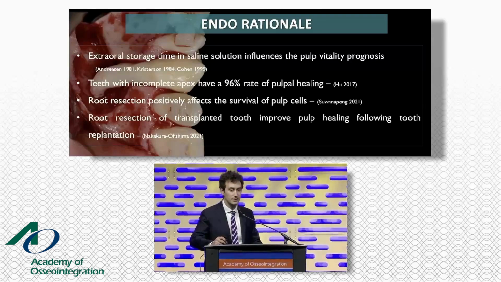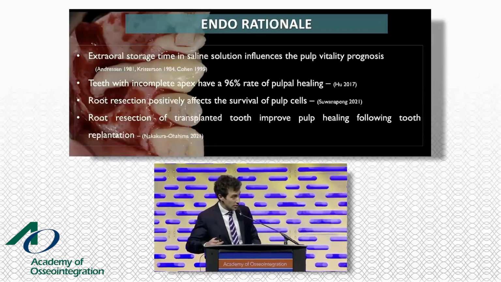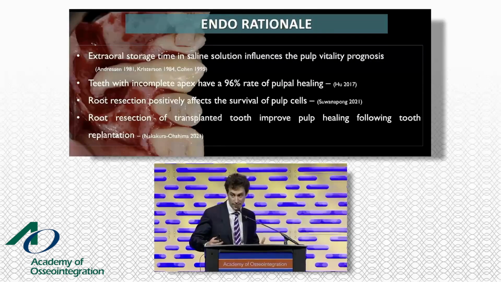Then we know that teeth with incomplete apex have a good prognosis, more than 90% of pulp healing during an autotransplantation, compared to teeth with complete, closed apex that do not go over 15%. Then the root resection positively affects the survival of pulp cells.